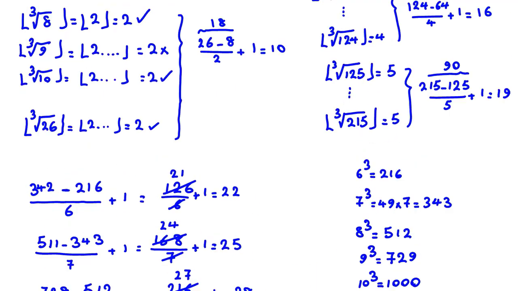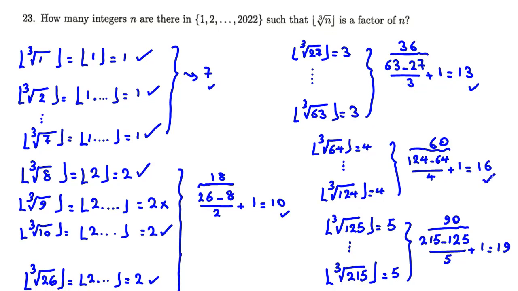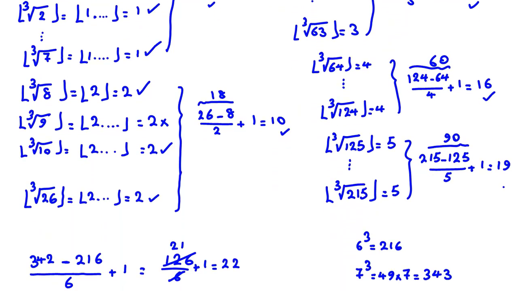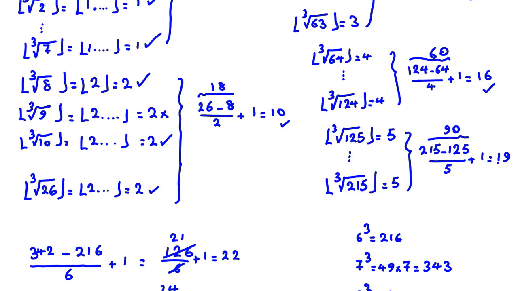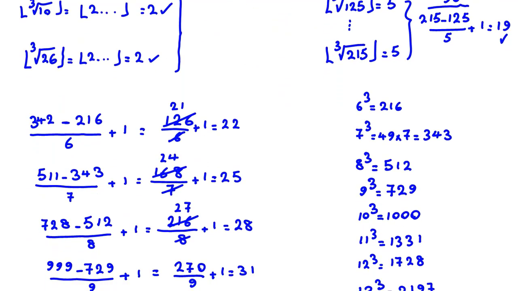Now we should add all these numbers. So let's add 7 plus 13, 20, 30, 46. 46 plus 10, 56, plus 9, 65. And so up to here, it is 65.